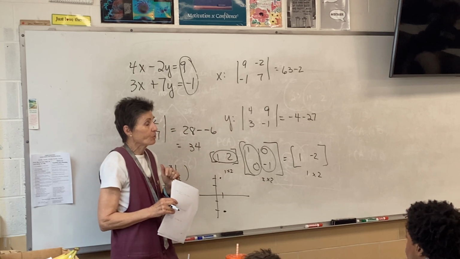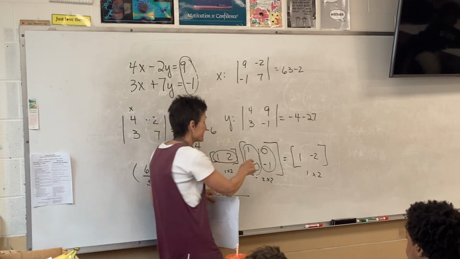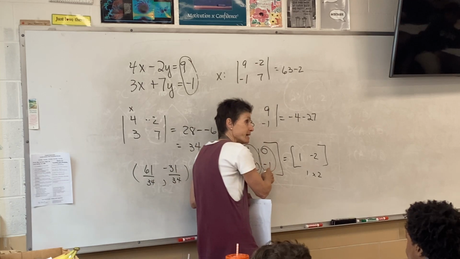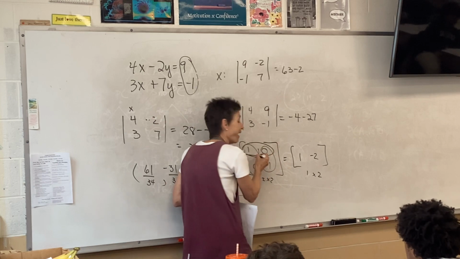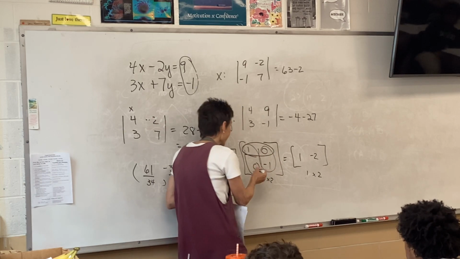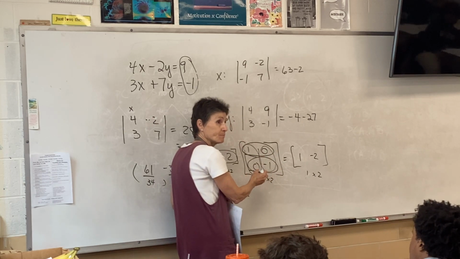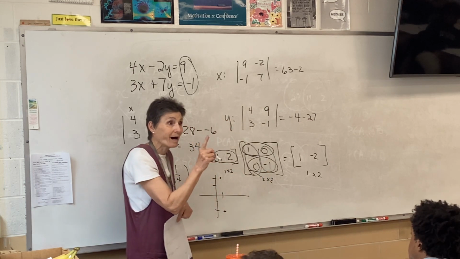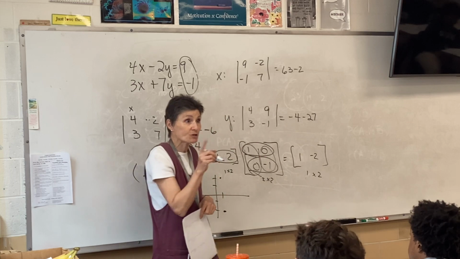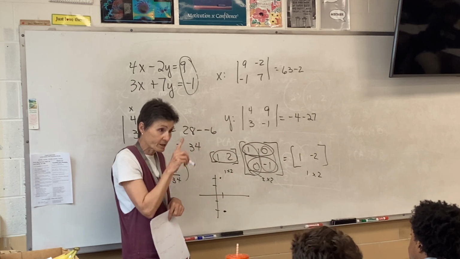Why did it reflect across the x-axis? Because it changed the sign on y. Remember, this is i, and this is j. Well, look what you did to j. You made it negative. That's making y negative. i is your x, j is your y, horizontal, vertical.